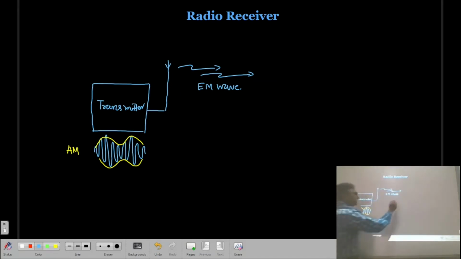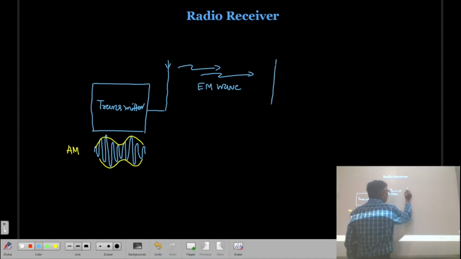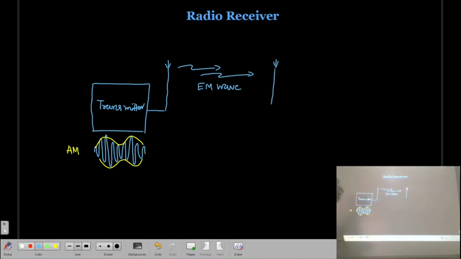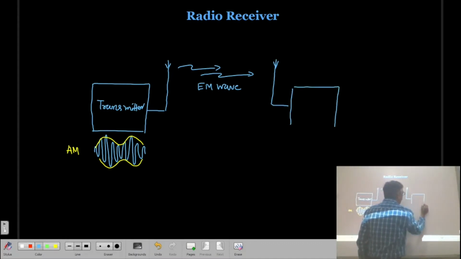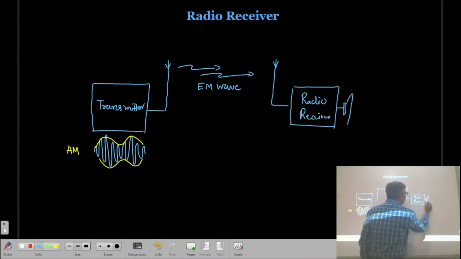This signal is received by the radio receiver, and the radio receiver always has an antenna. It is given to the receiver, which is known as a radio receiver. The output of the radio receiver we provide to the loudspeaker.